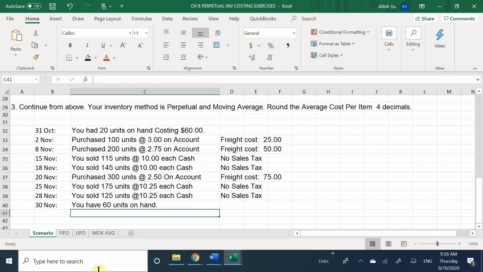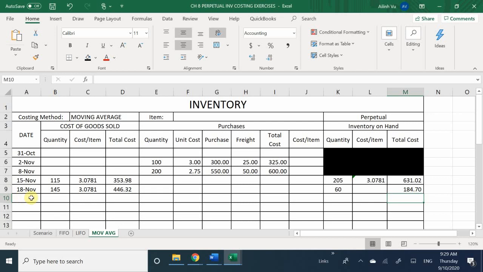And lastly, what was freight? $75 freight. Okay, so 300 at 2.50, and 75. So on November 20th, we purchased 300 units at 2.50 with our freight of 75.